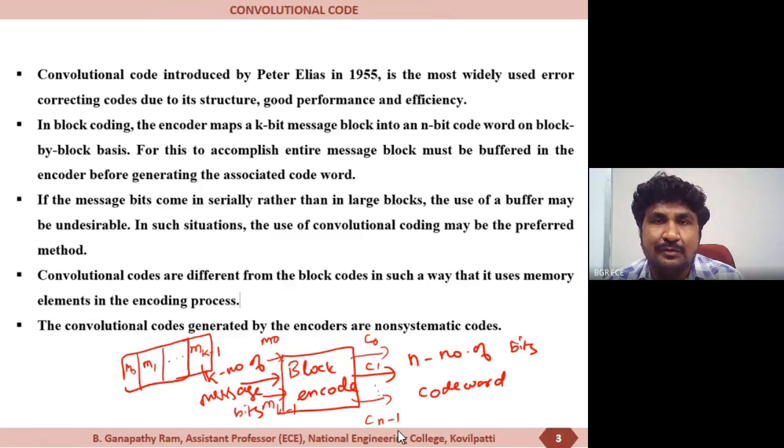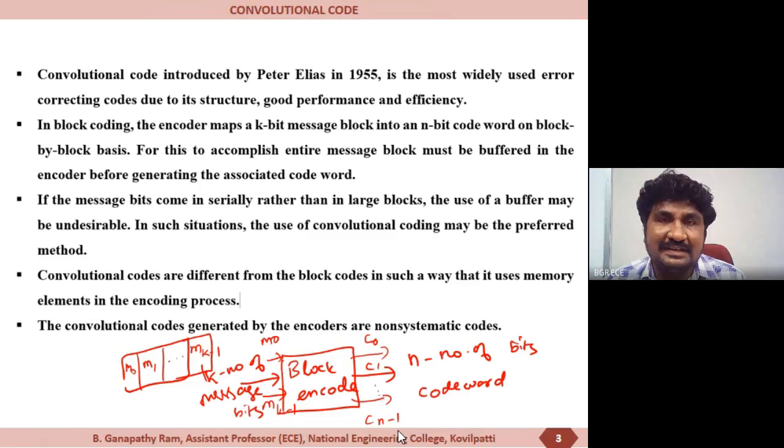And moreover, due to the large buffer requirement, and since the data coming from the previous block of the digital communication system, either a source encoder or directly from a formatter, is serial data.